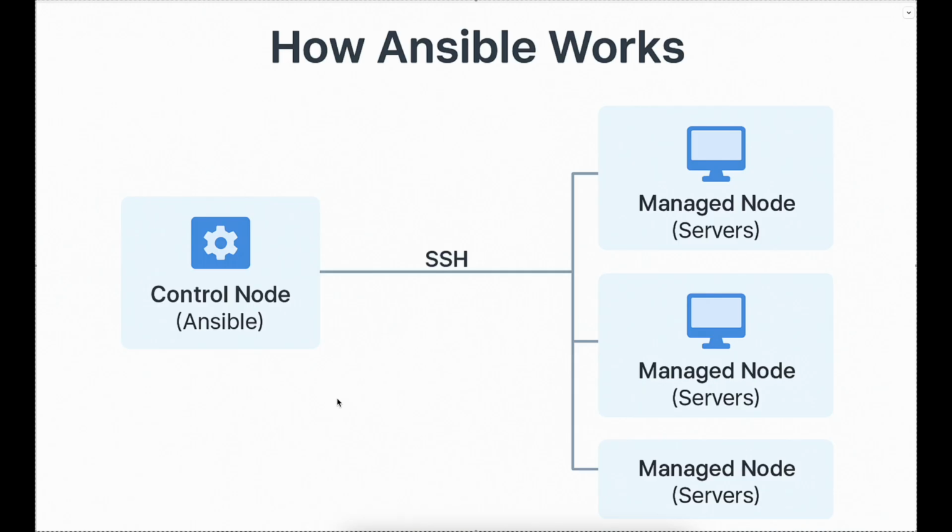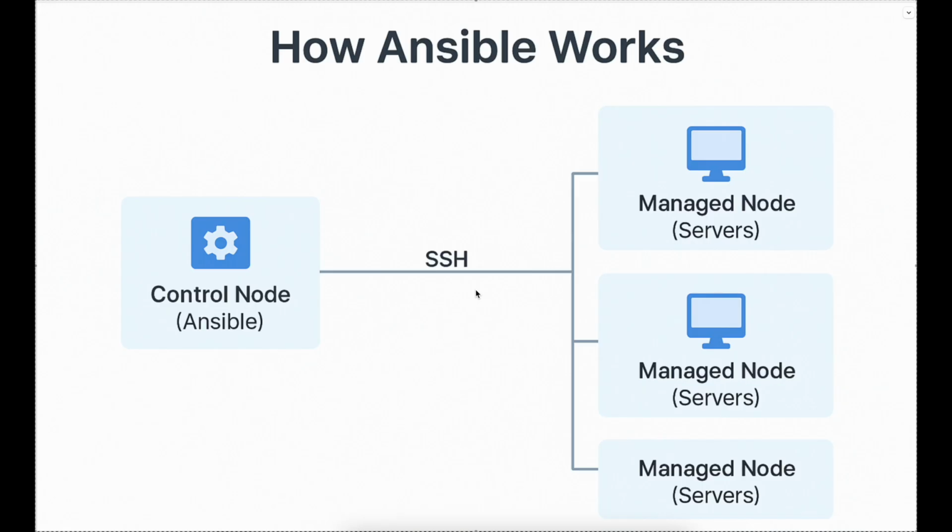Ansible works from a central machine called the control node. From there, it connects to multiple managed nodes, your servers, using SSH. You write a simple file called a playbook. It tells Ansible exactly what to do. Think of it like this.